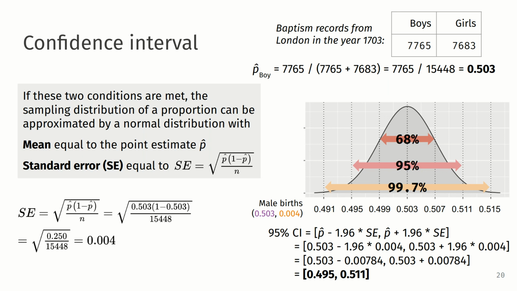So the bottom of that interval is going to be p hat minus 1.96 times the standard error, and the upper end is going to be p hat plus 1.96 times the standard error. That gives us a 95% confidence interval that goes from about here, 0.495, all the way up to 0.511 on the high end.